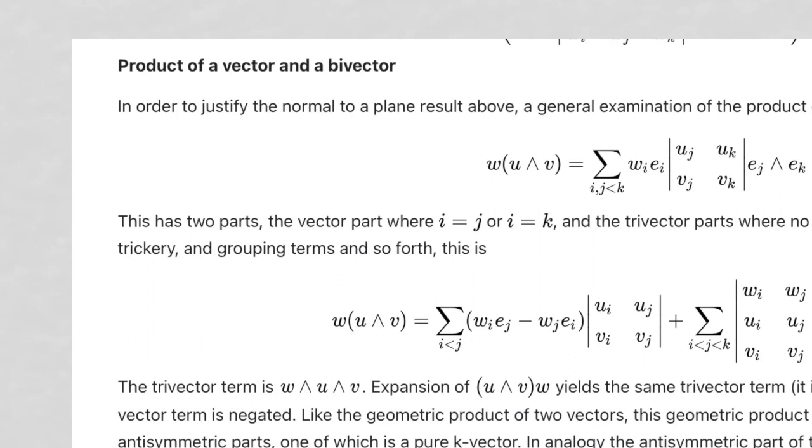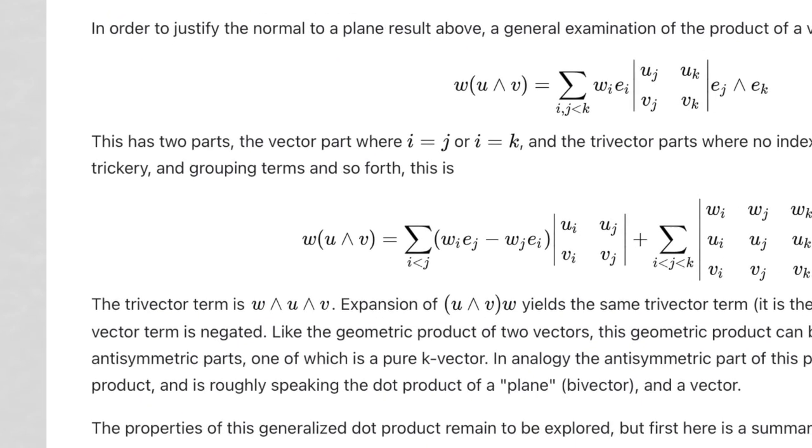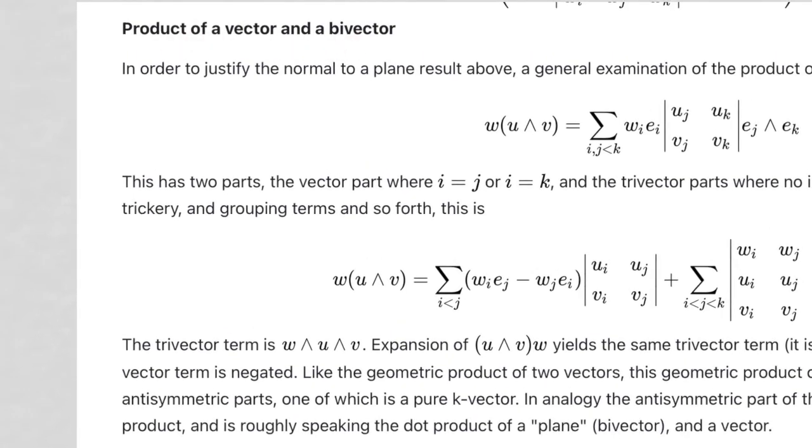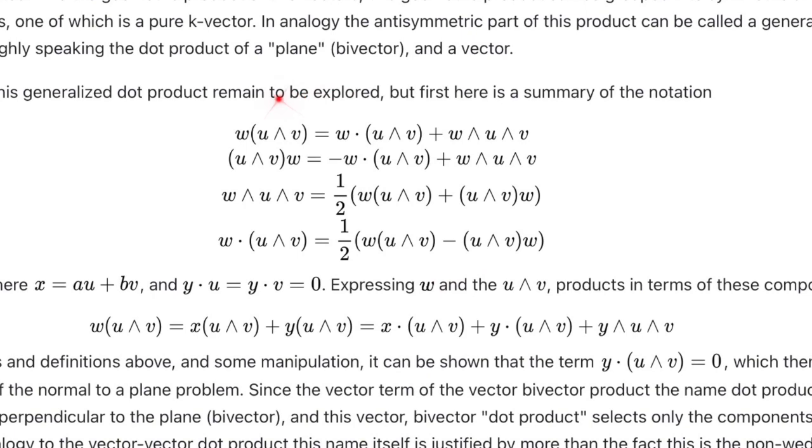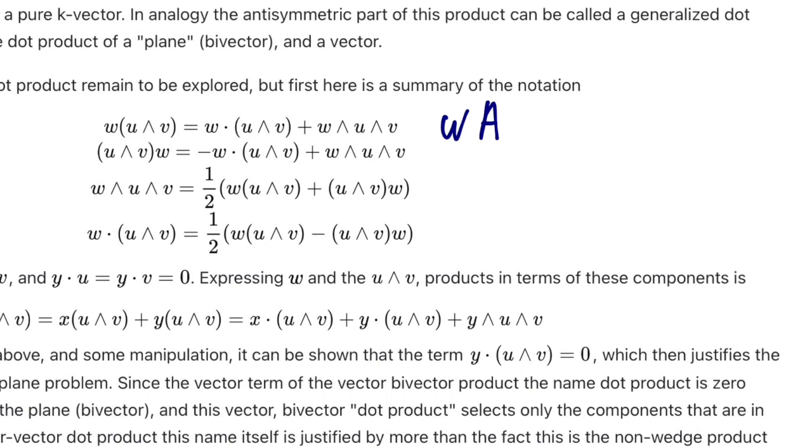And the next thing that I found on the Wikipedia that they felt is an important thing to understand is the product of a vector and a bivector, understanding how that works. Now, we've discussed this a bunch, and it all kind of comes down to these four equations here. So we'll just cut to the chase. The product of a vector with any multivector is always going to be a contraction and an inflation, right?